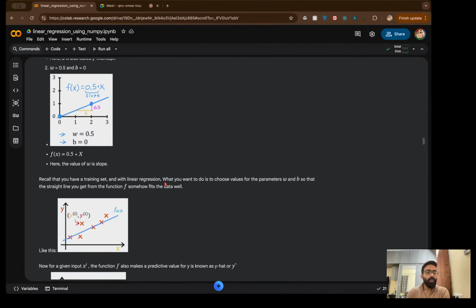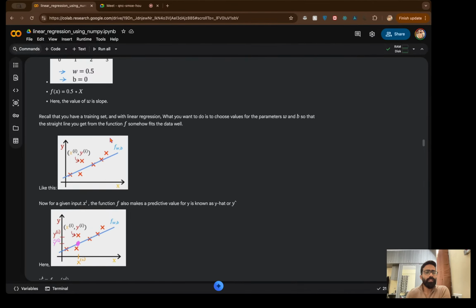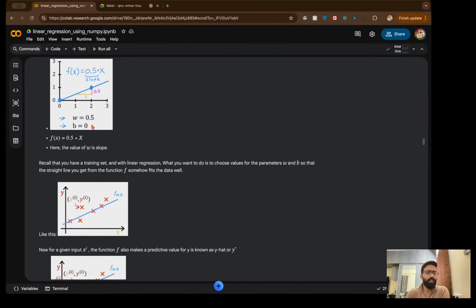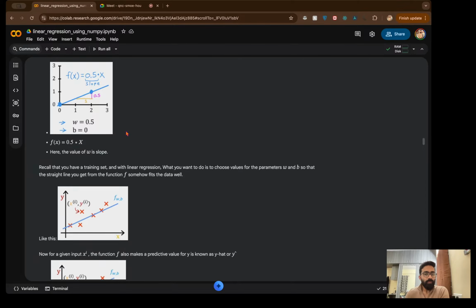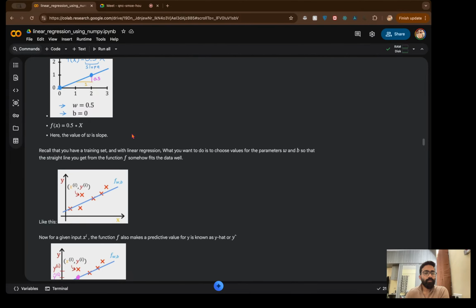Okay. In simpler terms, the slope is the angle of the line. If you increase the slope, the line will move towards the y-axis. If you decrease the slope, the line will move towards the x-axis. Are you imagining what I am trying to tell you, Simran? Yeah, I'm trying to understand.